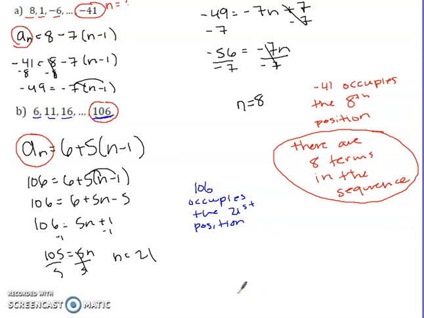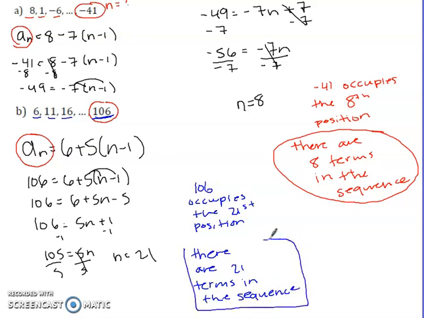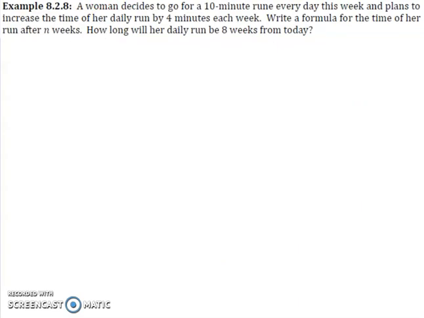This is the 21st position, which means that there are 21 terms in the sequence. All right, go ahead and take a moment, pause the video, and try example 828 on your own.